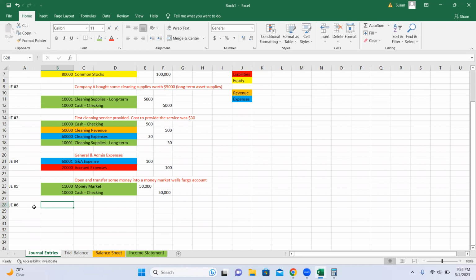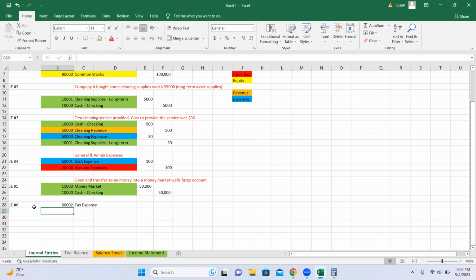This is tax due, so it's an expense. So I'll just put 60002 for tax expense.